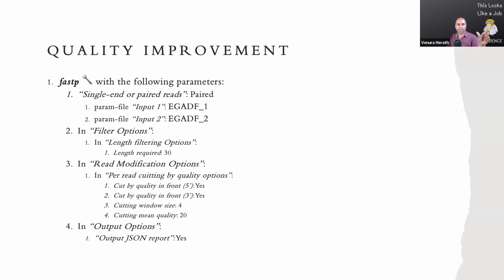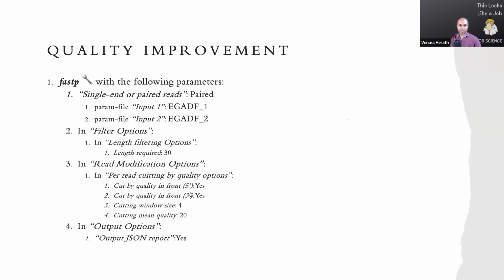Here we are using a cutting window of 4. When it cuts, the program will look for less than Q20, which means the poor quality sequences. So there should be a fundamental reason behind it when you select your parameters.